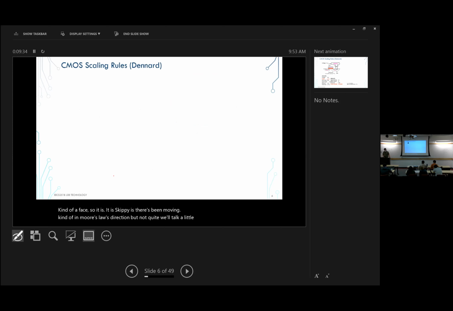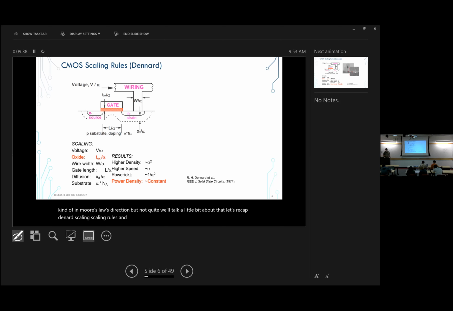Let's recap the Dennard scaling rules, and we gave you that paper to read. Hopefully you've read it at some point. It talks about what the electrical fields inside of a device need to do when we scale the device. So what I've covered so far is the notion of geometric scaling of surface features.